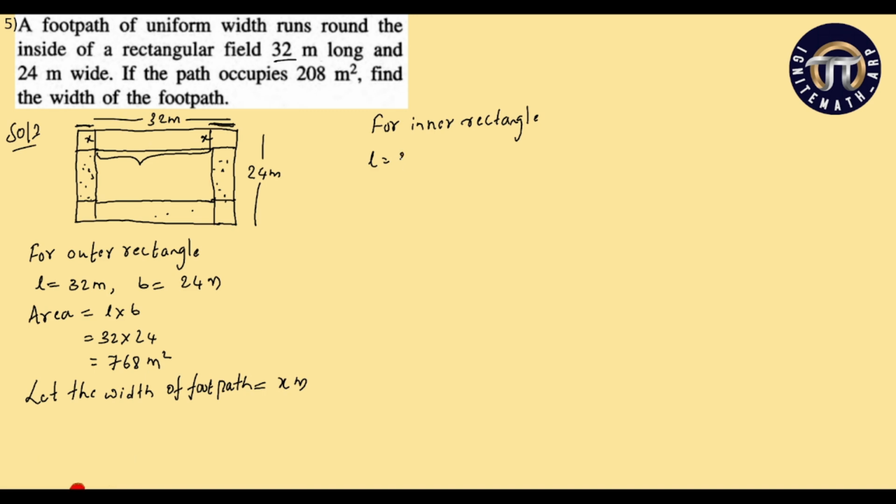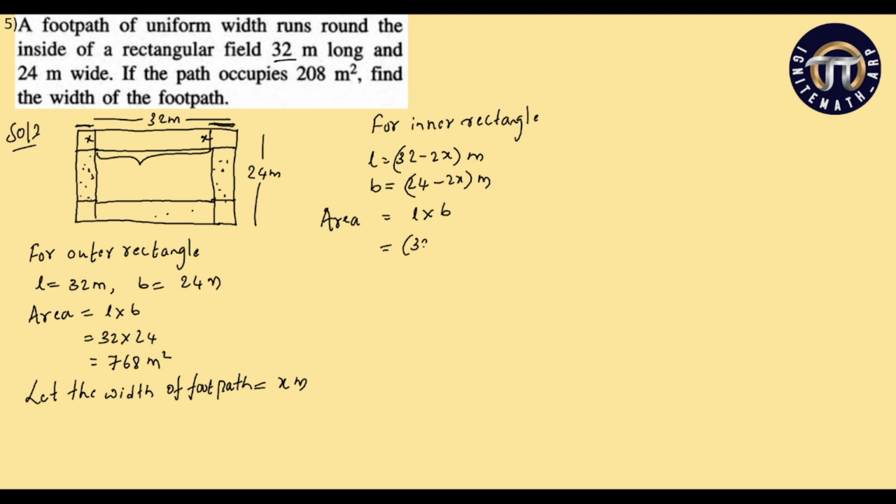So I can write length as 32 minus 2x meter is nothing but the length of the inner rectangle, and same with the breadth as well. It is going to be 24 minus 2x meter is going to be the breadth of the inner rectangle. So what is the area now? Area of inner rectangle is going to be length into breadth.